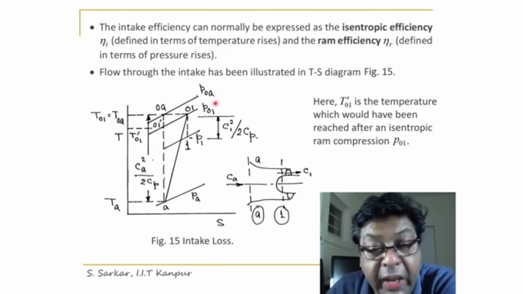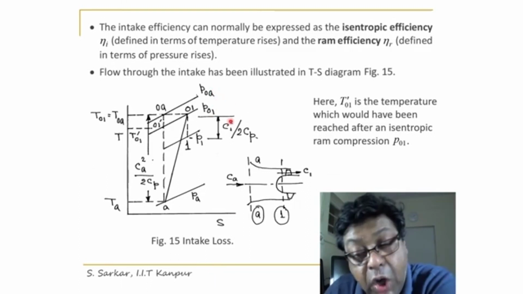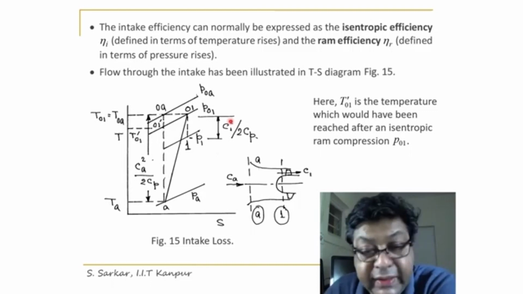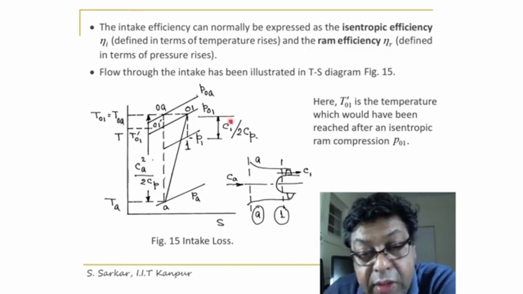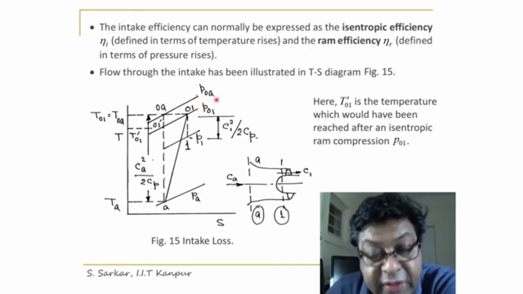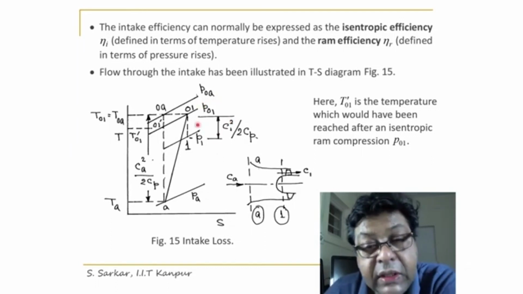Therefore, P0A minus P01 is the loss in this diffusion process. Now, that is the total pressure loss actually.